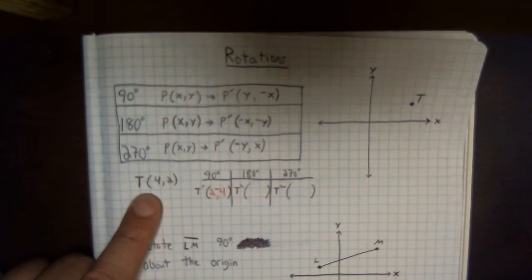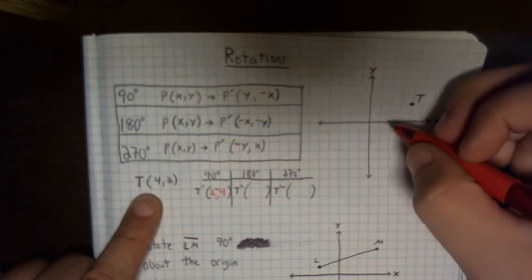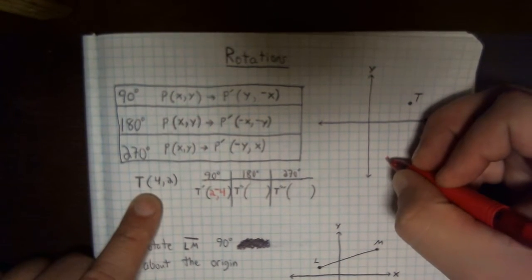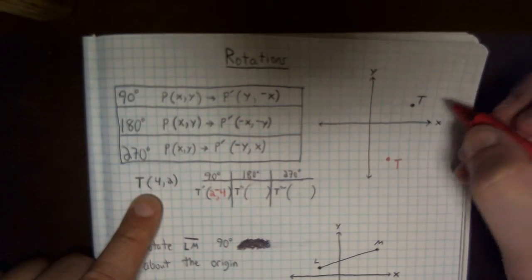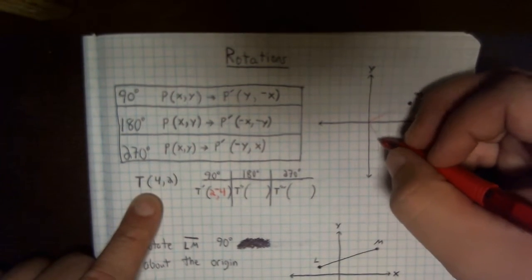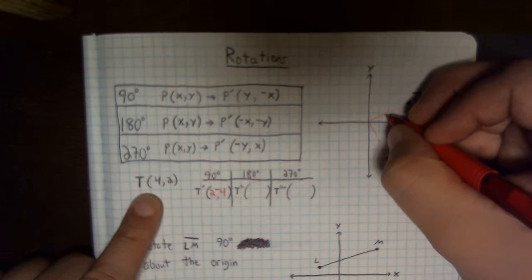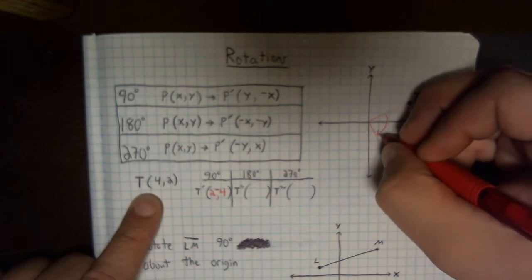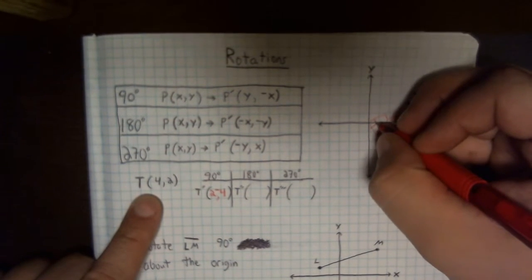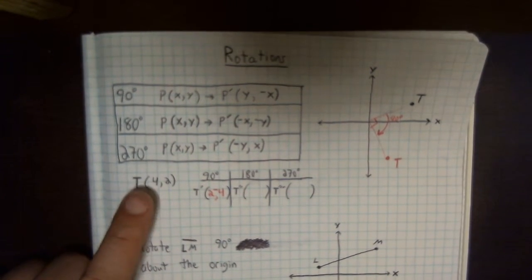So T prime after a 90-degree rotation is going to be at positive 2, negative 4. Okay, and I like drawing these because it's a nice little visual, that we've moved it 90 degrees. And you can even see that we have a little 90-degree angle being formed there.